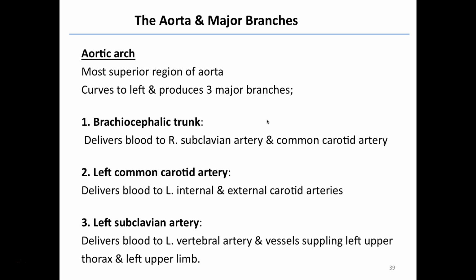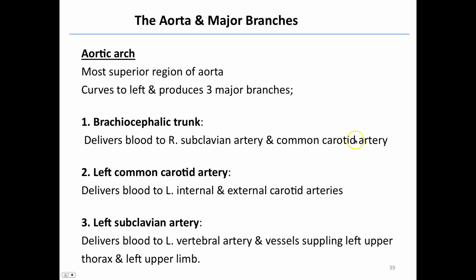The brachiocephalic trunk delivers blood to the right subclavian artery, which goes to the right upper limb, and to the right common carotid artery, which supplies the right side of the head and neck. The second division is the left common carotid artery.